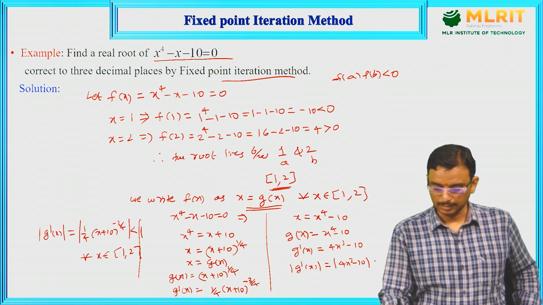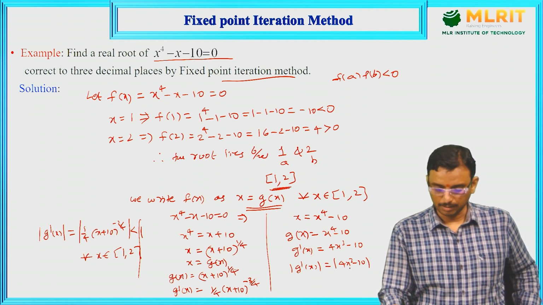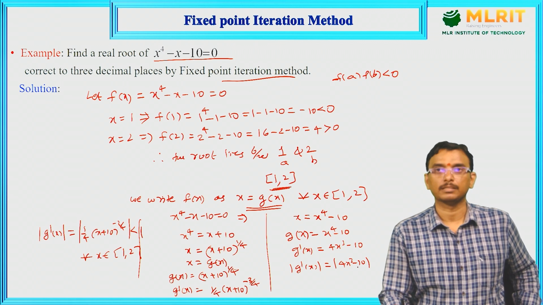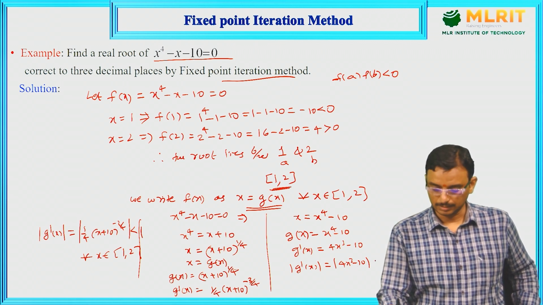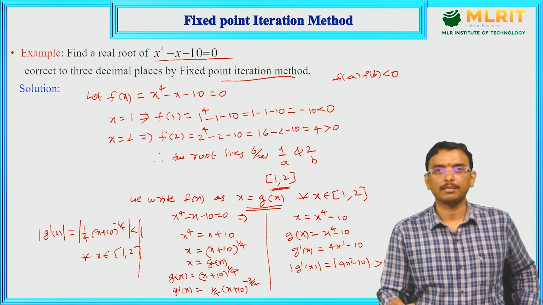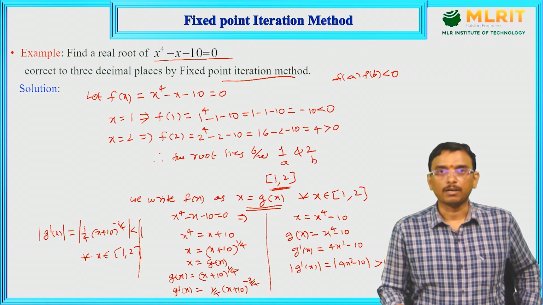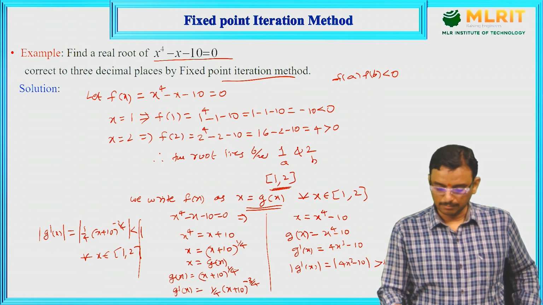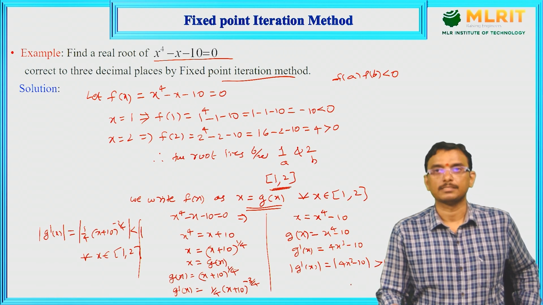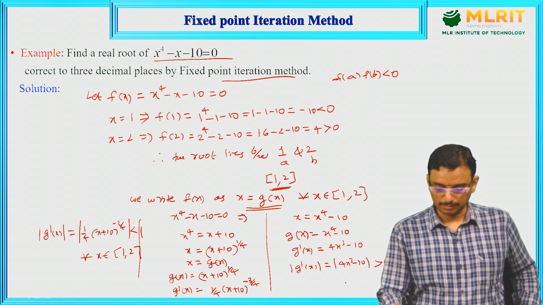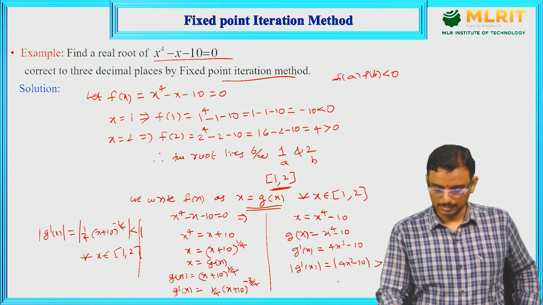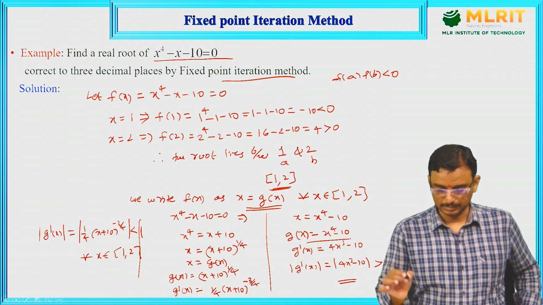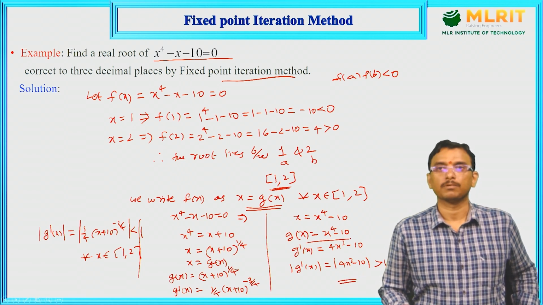Suppose if you take one value, 4 minus 10 is minus 6, the absolute value of minus 6 is 6, so it is greater than 1. So if you take any value which lies in the interval 1 to 2, it is always greater than 1, so it is a divergent sequence. So the fixed point does not exist, so we cannot find a root from this function g of x is equal to x to the power 4 minus 10.